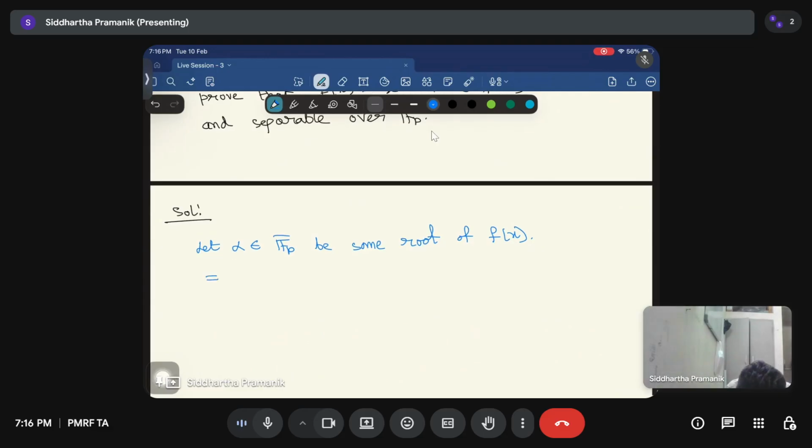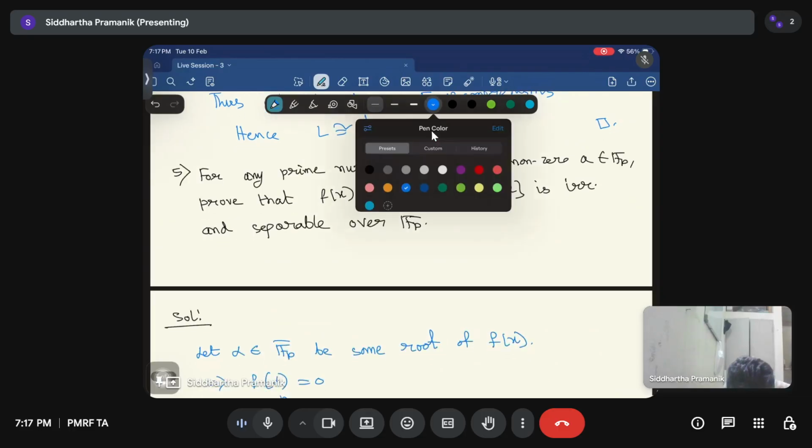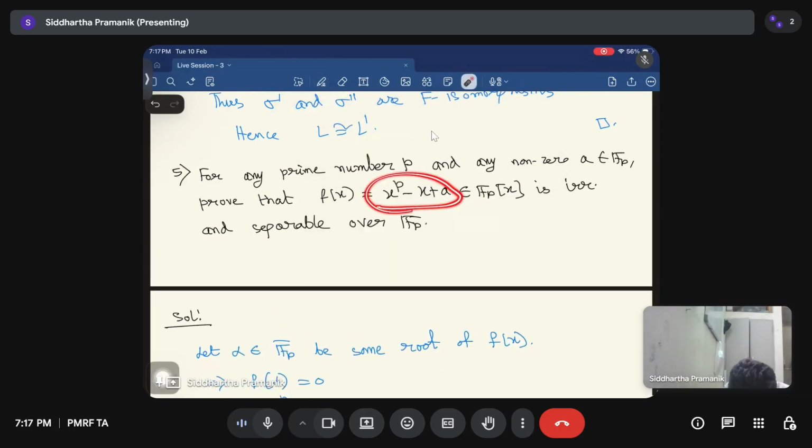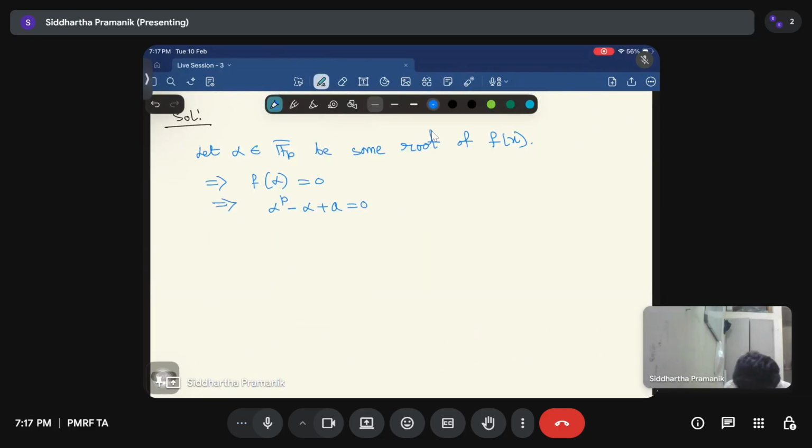So this will imply f(alpha) equals 0. In particular, alpha^p minus alpha plus a equals 0, because our polynomial is x^p minus x plus a.